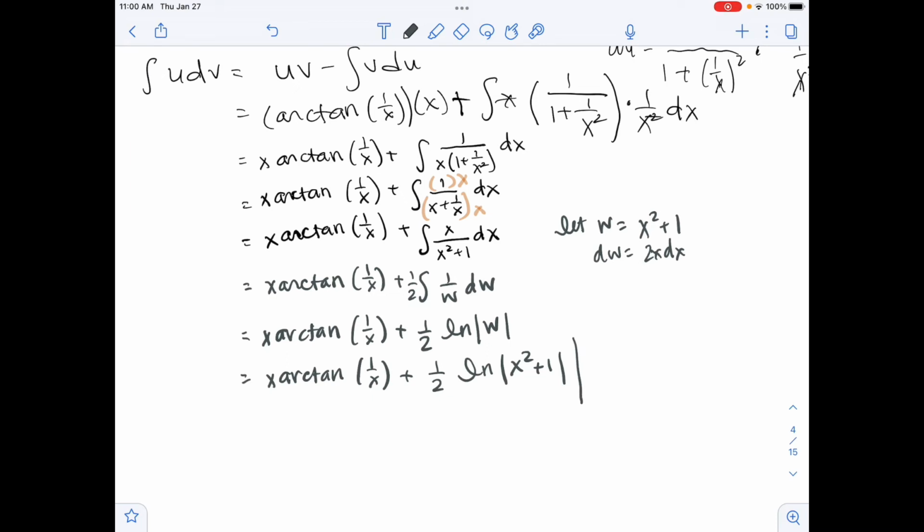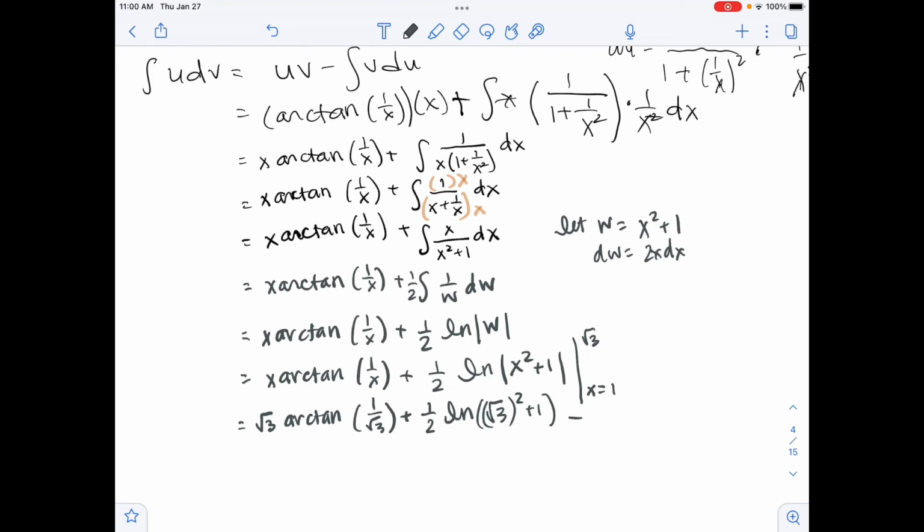And we're going to evaluate this from x equals, and our lower limit of integration was 1, and our upper limit was rad 3. So from here I'm going to substitute in the square root of 3. So the square root of 3 times arctangent of 1 over rad 3 plus 1/2 times ln of rad 3 squared plus 1, then minus, and we're going to now evaluate this at 1.